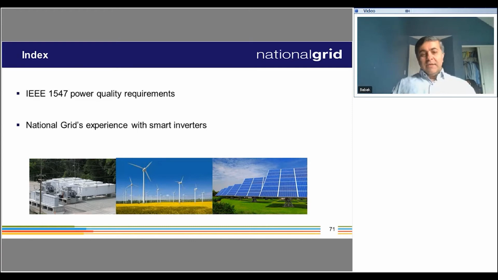And also in the end, I'll share some of National Grid's experience with smart inverters. There are some challenges in terms of implementation of some of the smart functions, and we'll review those challenges as well, and some of the potential solutions that can be made.